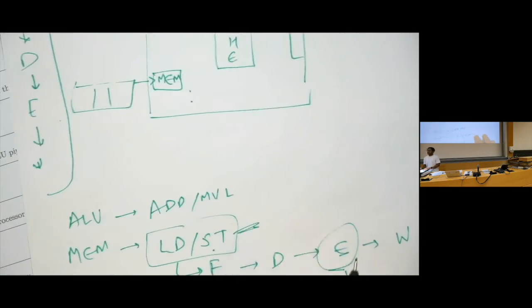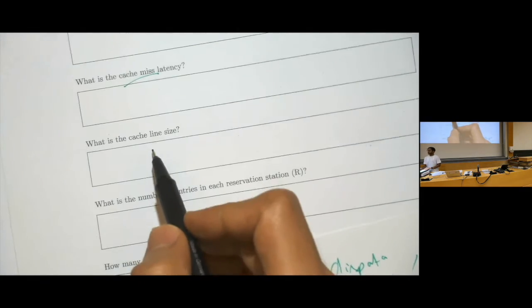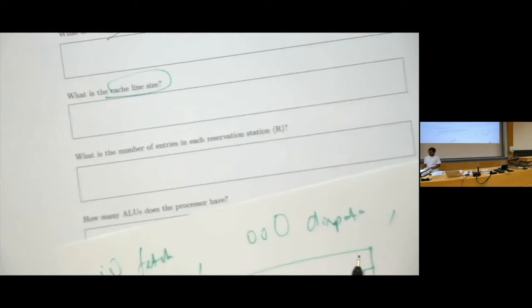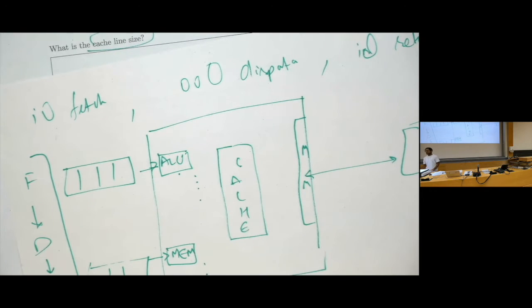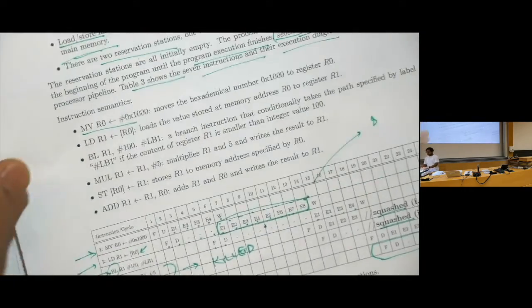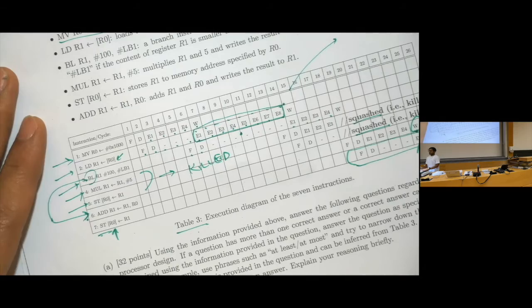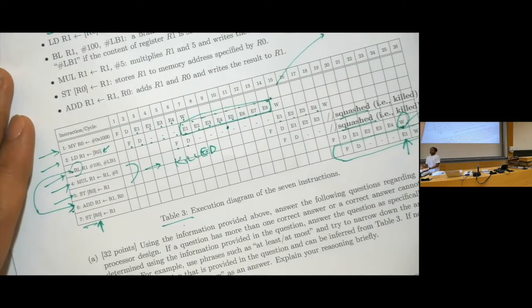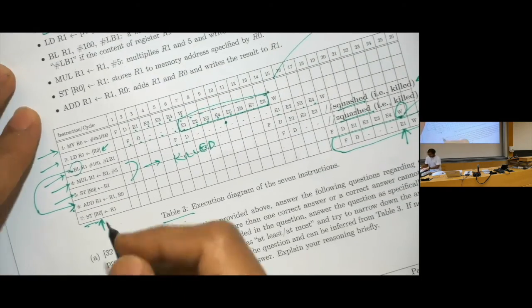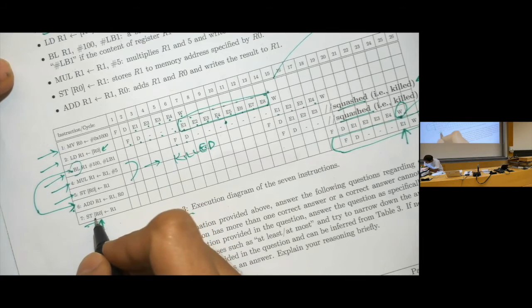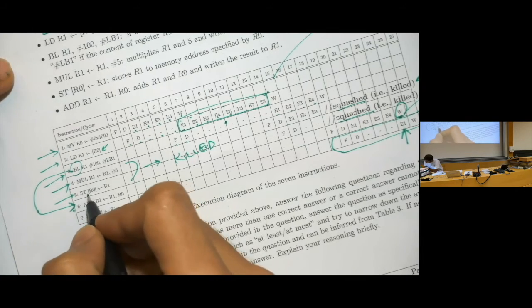What is the cache line size? The third question is, what is the cache line size? Interesting. Now, when you see cache line size, you should think about how do I figure out the cache line size? I can figure out the cache line size by changing the address that I am accessing. But surprisingly, in the entire execution diagram that we saw, we never changed the address. So if you look clearly, you can see the stores and the loads happen all at R0.